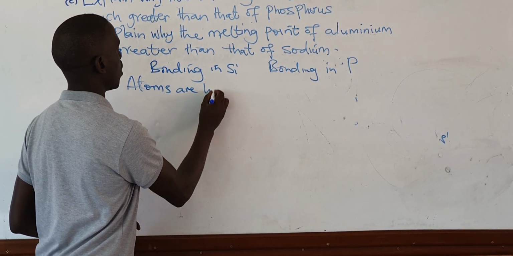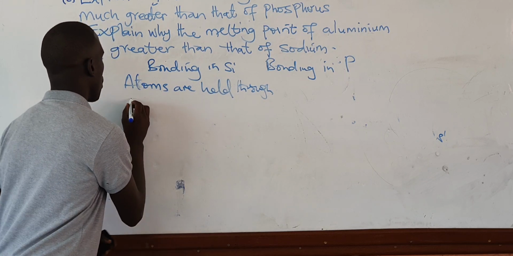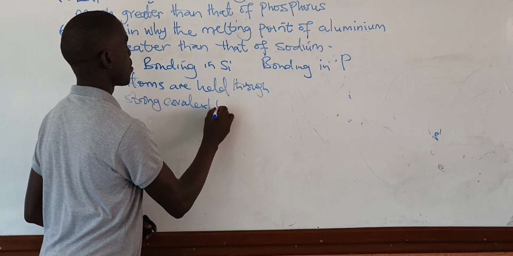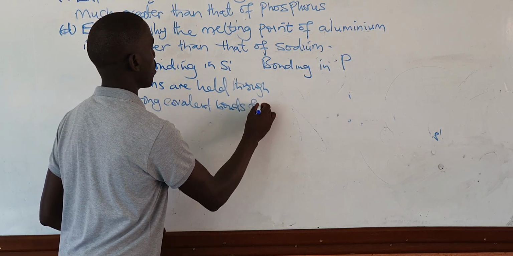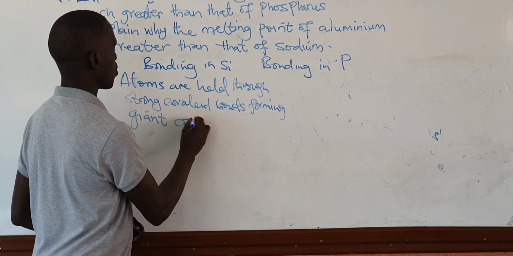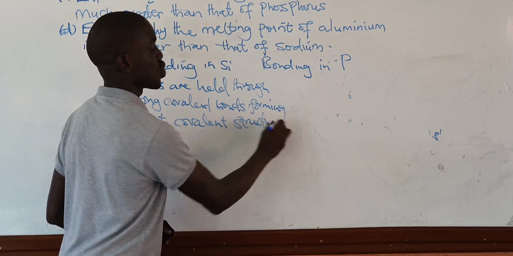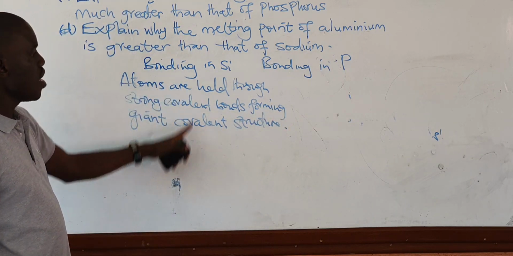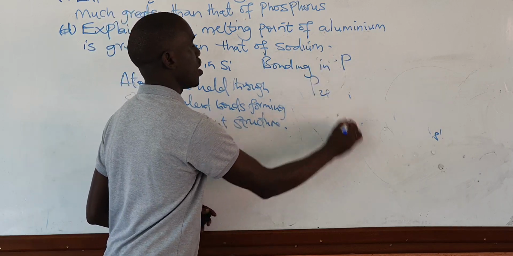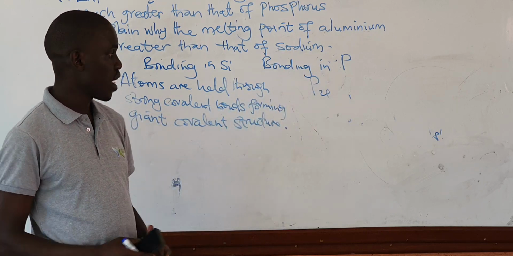In silicon, the atoms are held through strong covalent bonds forming giant covalent structure. Whereas in phosphorus, we have the molecule of phosphorus as P4. Meaning in a molecule of phosphorus, we have 4 atoms held together.